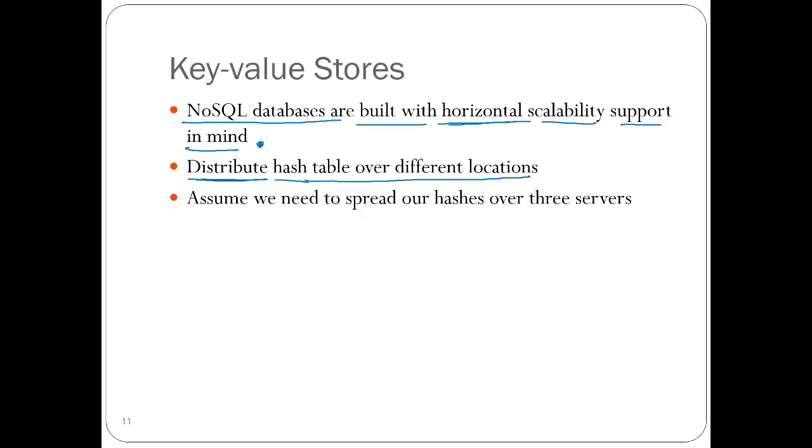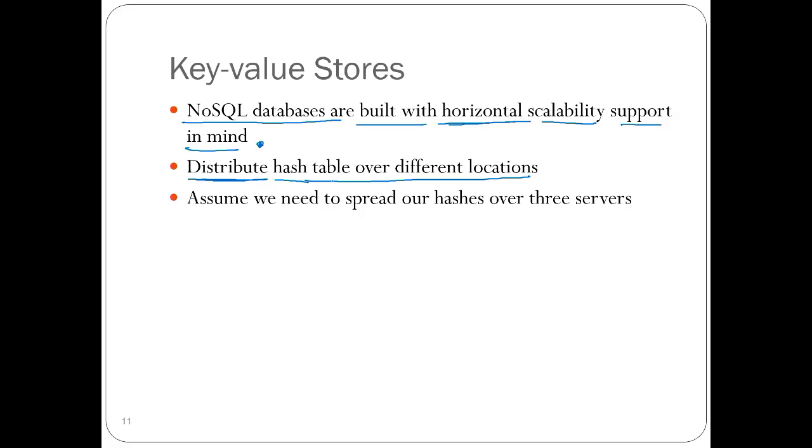Now assume that, it will be very difficult to assume, but let's think that the computer that we had, which was just storing those 4 or 5 names, is too small to handle that, right? So what we eventually have to think about is spreading the hash across different servers.